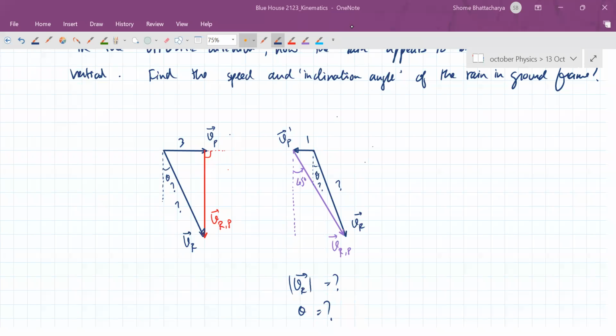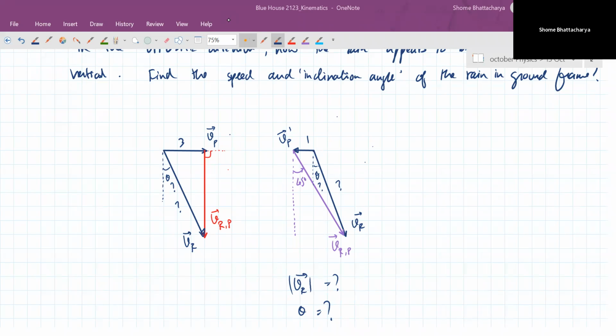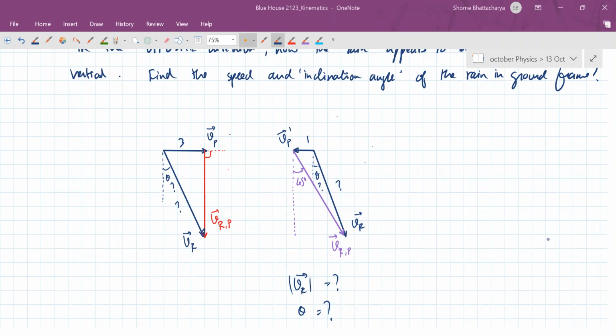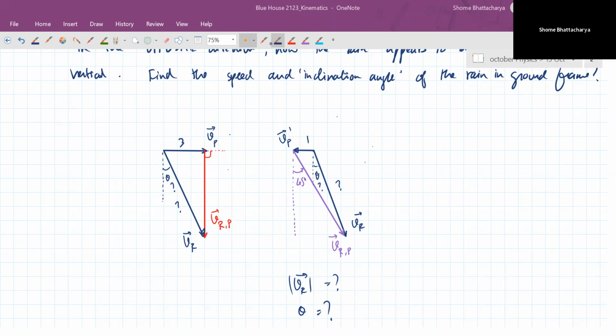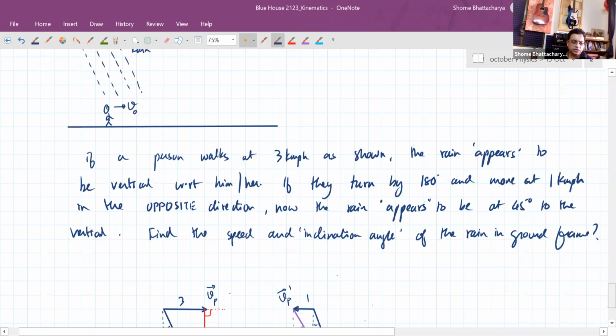Okay, let's try the calculation. Jinendra, unfortunately, the answer is not correct, I think. Anyhow, let's analyze this diagram.